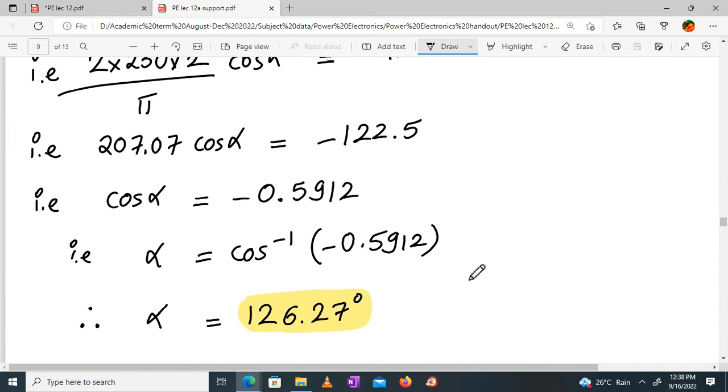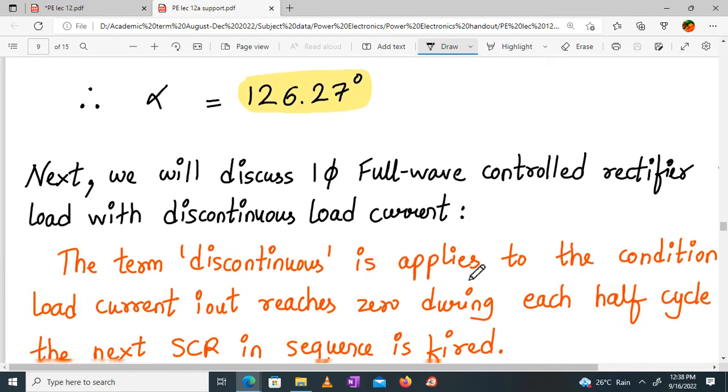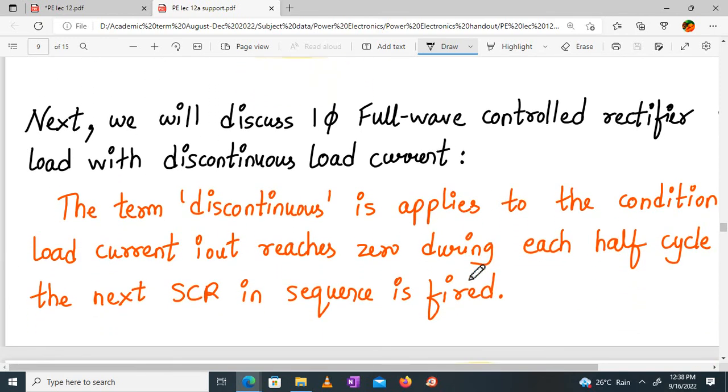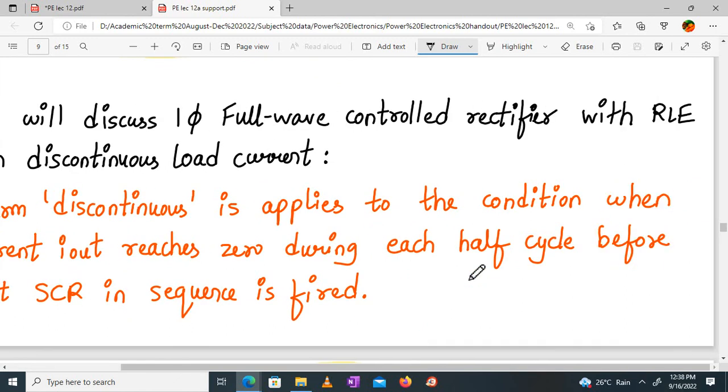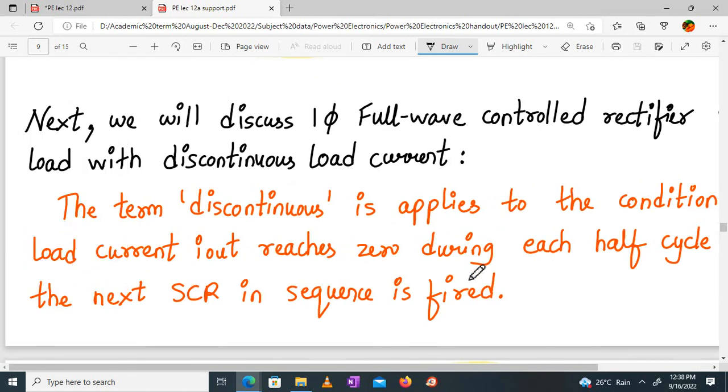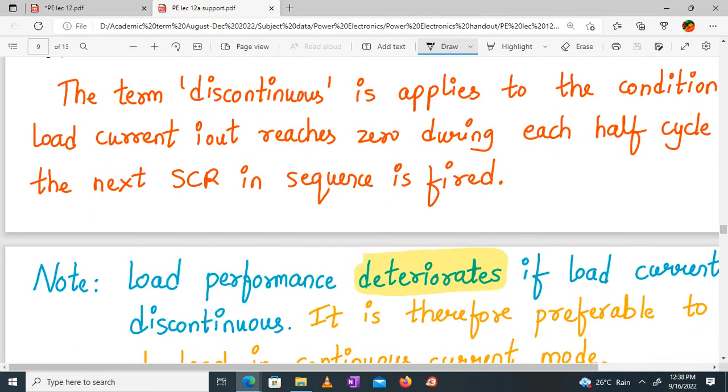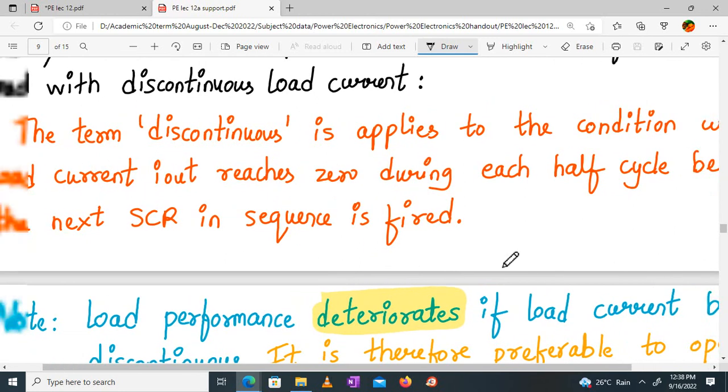Okay. So now we will take a break, and after the break, we will discuss the single phase full wave controlled rectifier with discontinuous load current. ठीक है? The doubt you were asking ना, E minus E इसमें आएगा. I'll just show you this, also read this till then.